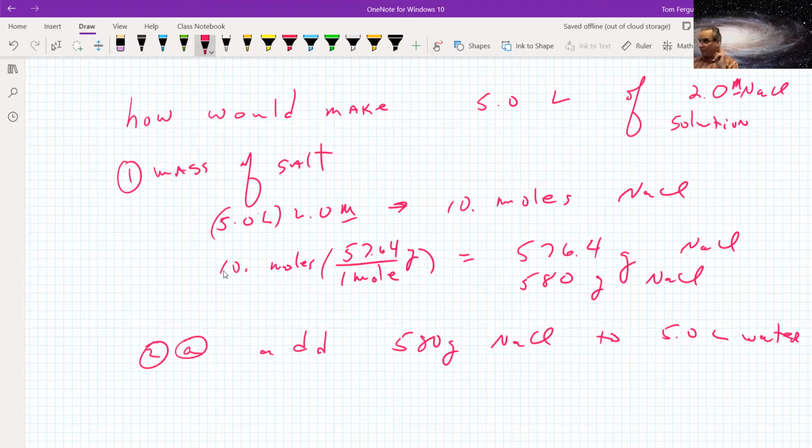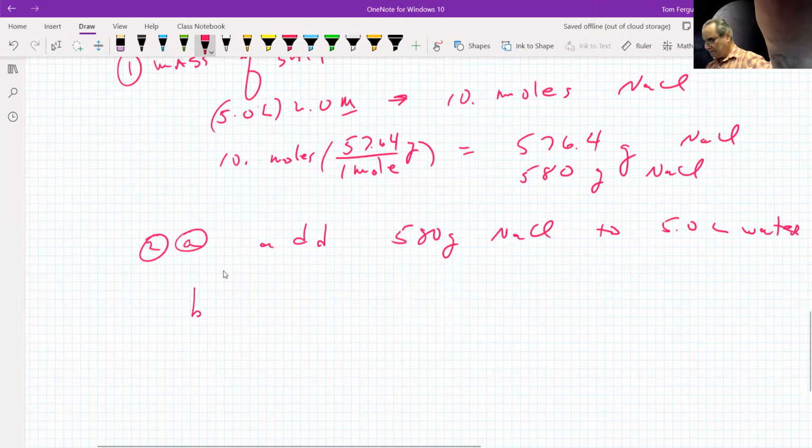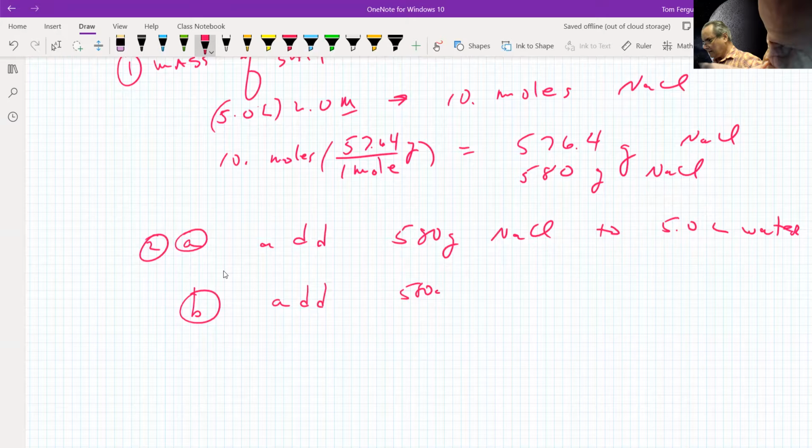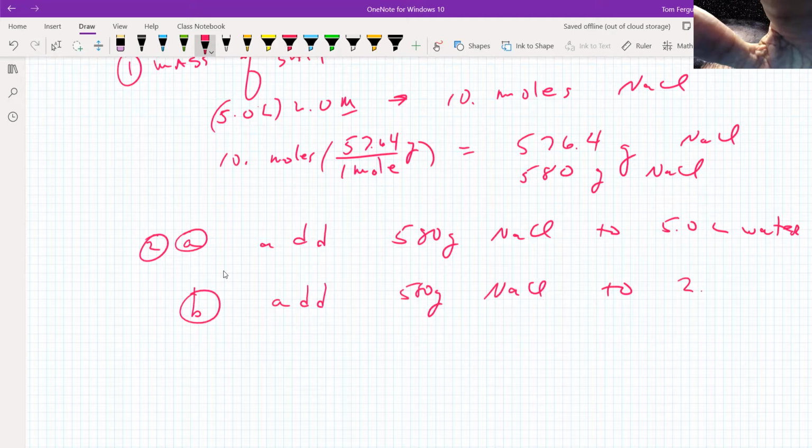So the second way to make this is to use something smaller than 5 liters of water, like say 2 liters. It can be 3 liters or 4 liters, just not 5 liters.